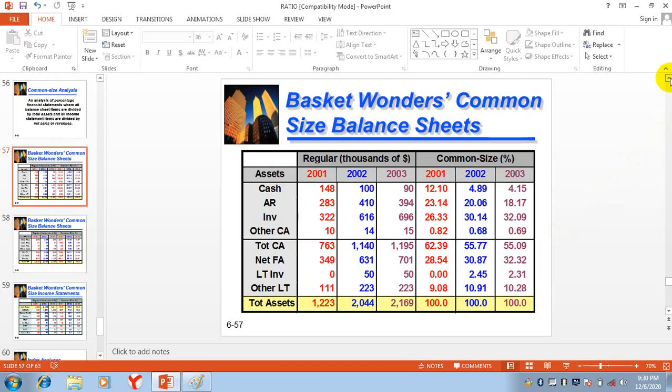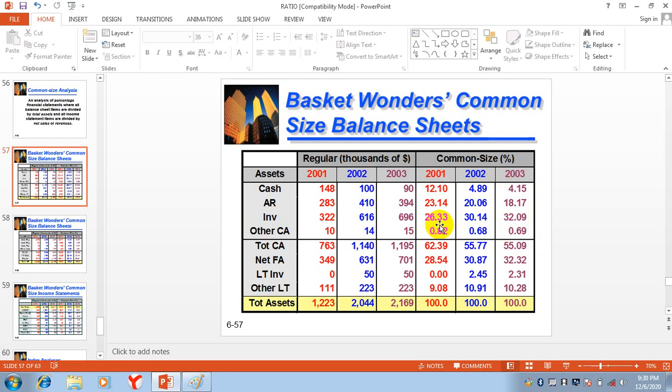Now, what to do with this analysis? What is basically this? Is it good? Is it bad? We don't know. So now we will understand whether there is an increase or decrease in these items, and whether an increase is good or a decrease is good.